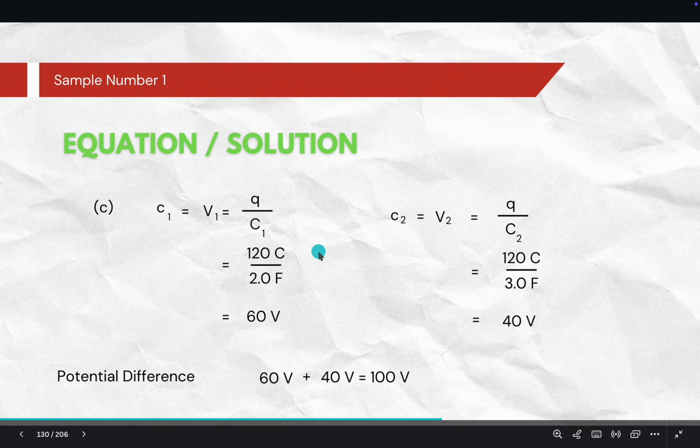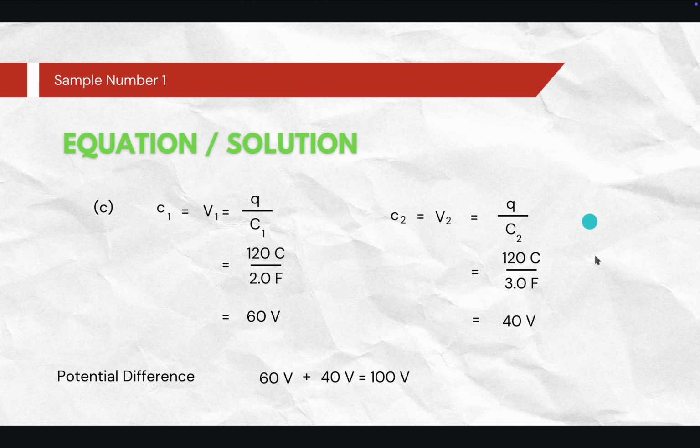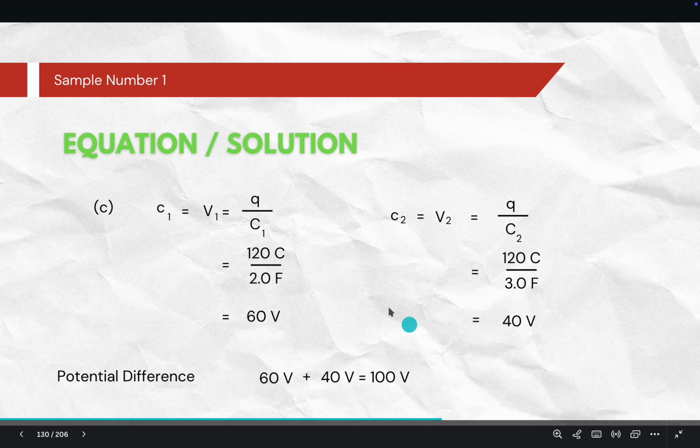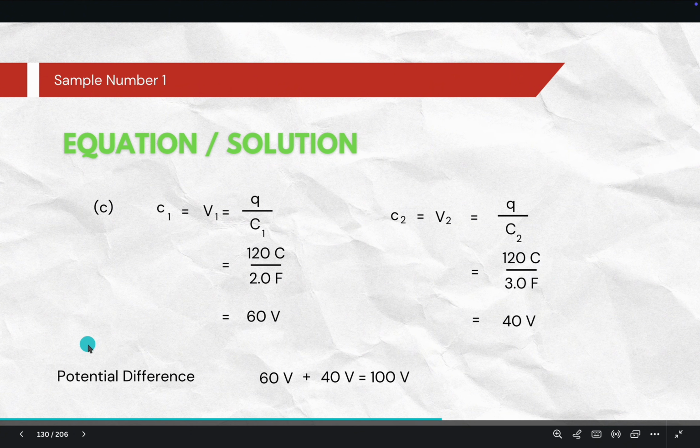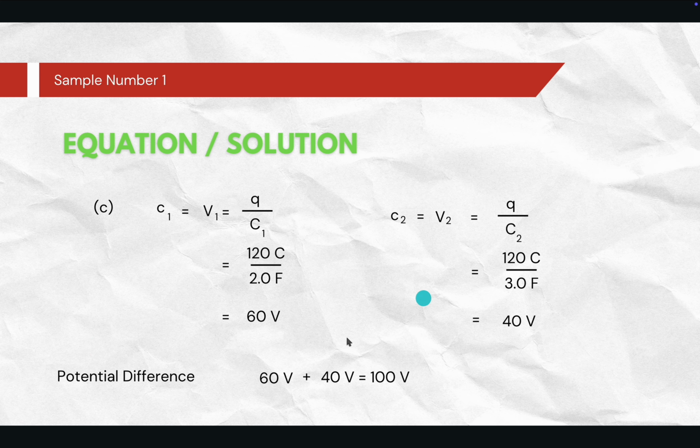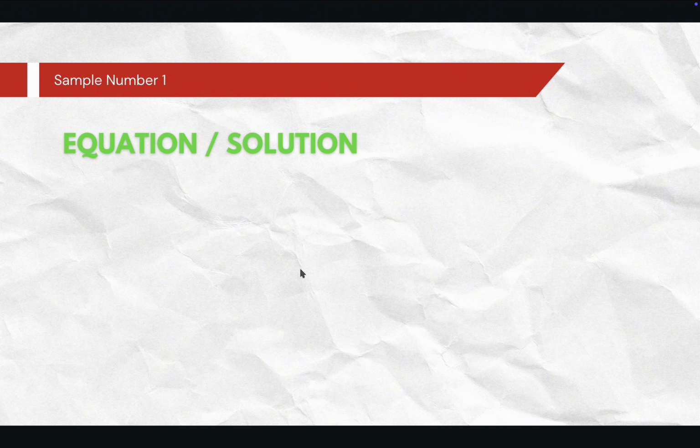And then yung isa pang capacitor, yung need natin kunin. So, 120 over 3.0 F is equal to 40 volts. And then, yung potential difference is to add them together para makuha natin yung volts kanina na given. Yung given natin na volts kanina is 100.